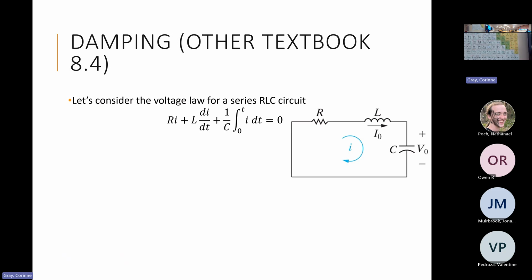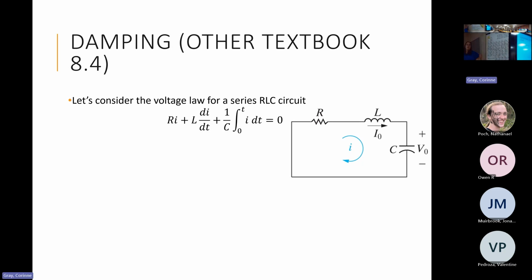To get rid of this integral, I need to take the time derivative of it, but I would have to do that to every term. So I need to take the time derivative of my resistance term, the voltage across my inductor, and the time derivative of 0, which is still just 0.